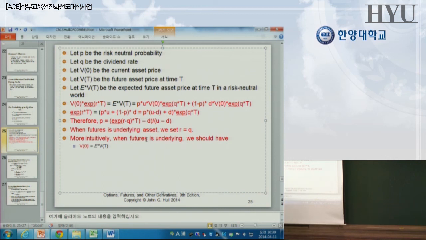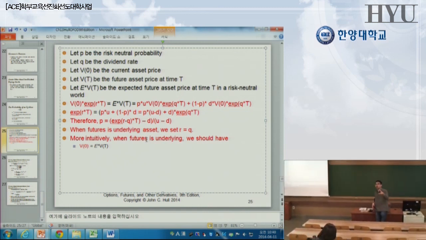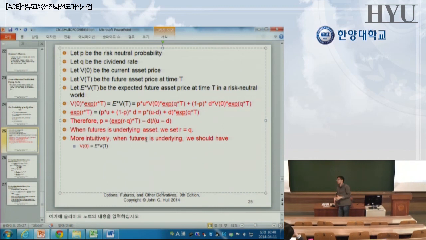Because we are in the risk neutral world, and we promise that I'll pay some dollars to the other party, and the other party gives me the asset sometime later. Because we are risk neutral, the money we exchange should be exactly the same as the expected value of the asset at that time.